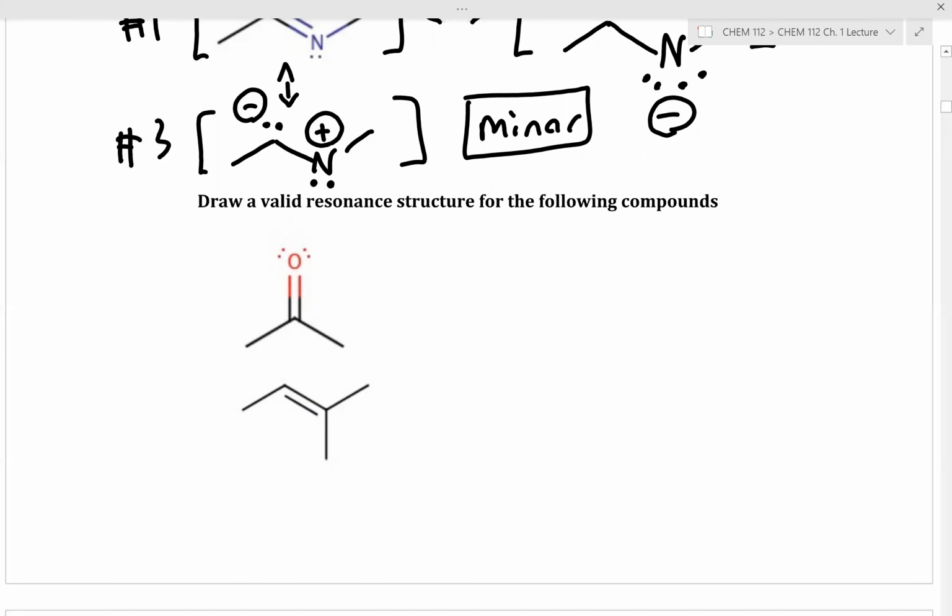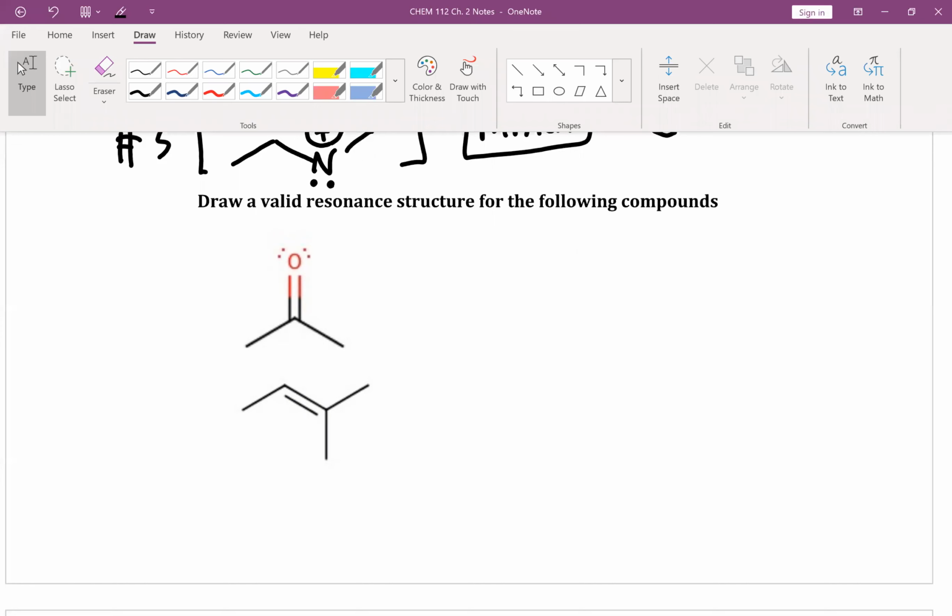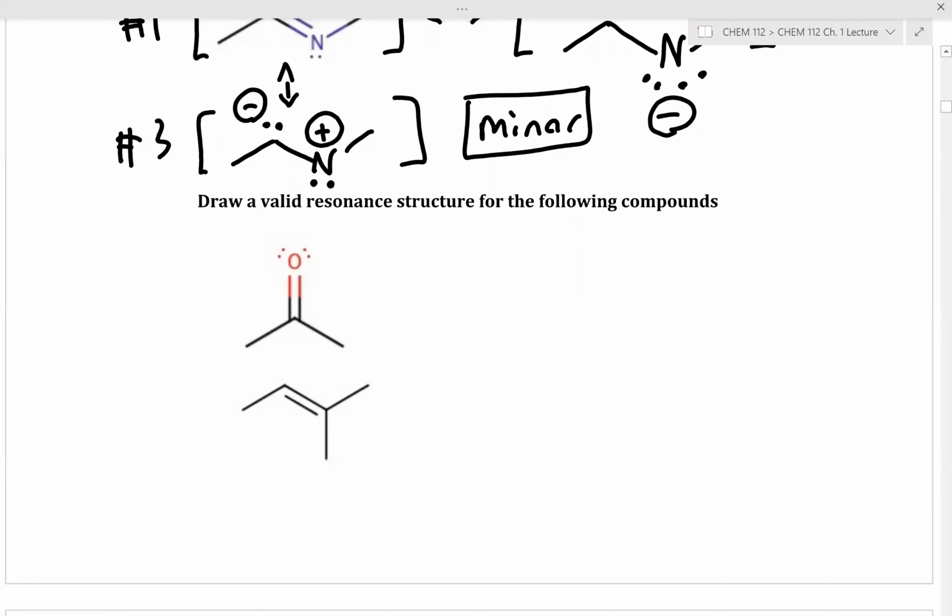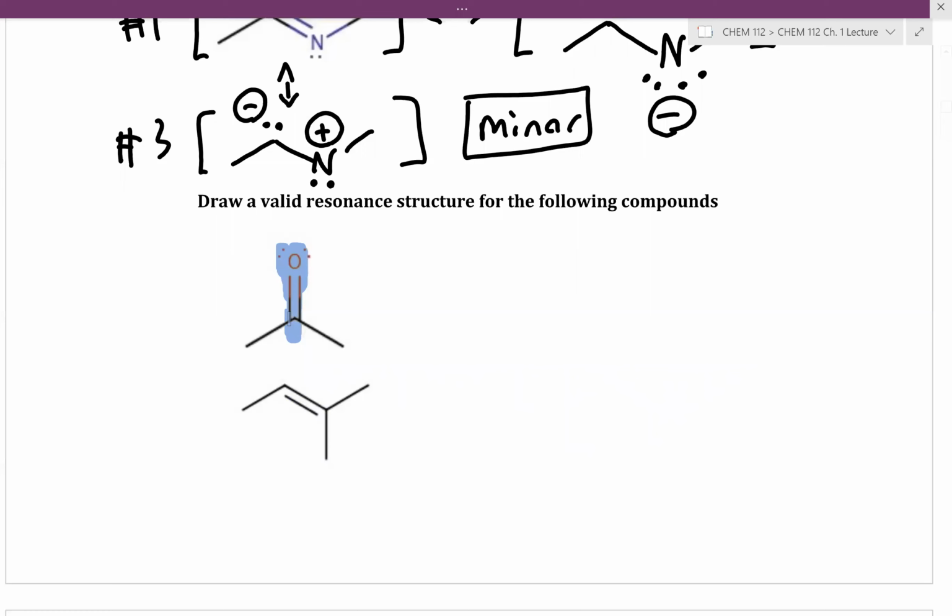Yes, that's perfect. So to give everyone some guidance here, when you're drawing resonance structures, I want you just to focus on all atoms involved in the pi bond or pi system. So I'm going to highlight the 2 atoms involved in my double bond. So we have the carbon and this oxygen involved in my double bond.